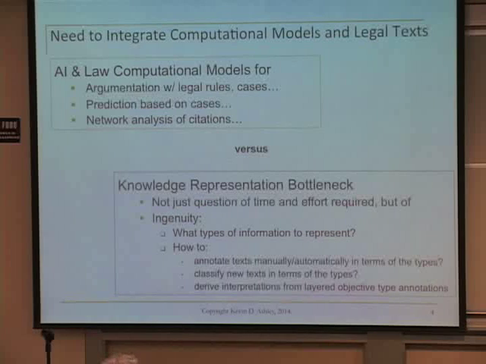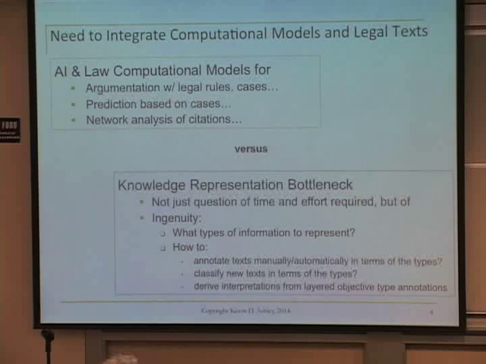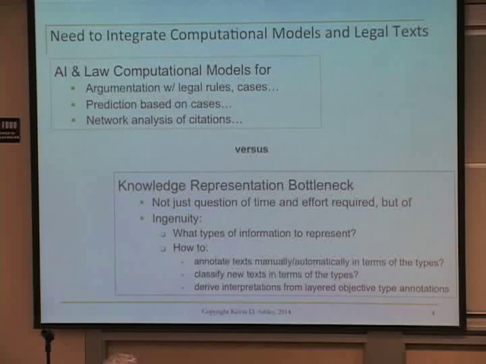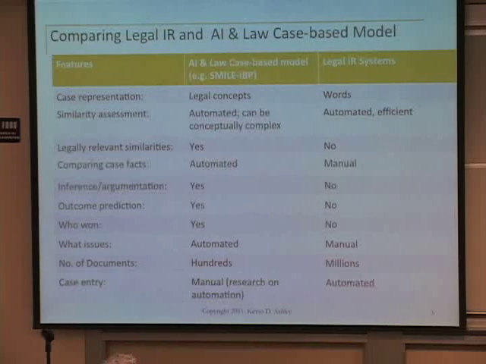What types of information to represent, how to annotate the texts manually and automatically in terms of these types of information, how to classify new texts in terms of the types, because these types are going to be the connections, the intermediaries between the text and the computational models, and how to derive interpretations from these layered objective type annotations. That's the challenge that I'd like to address today.